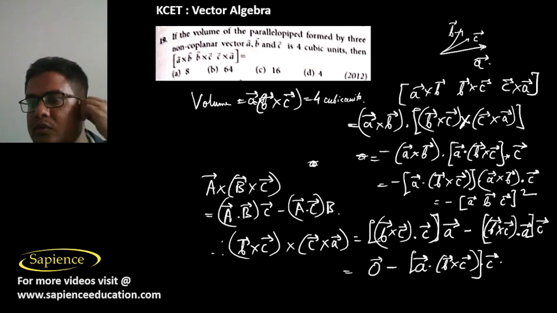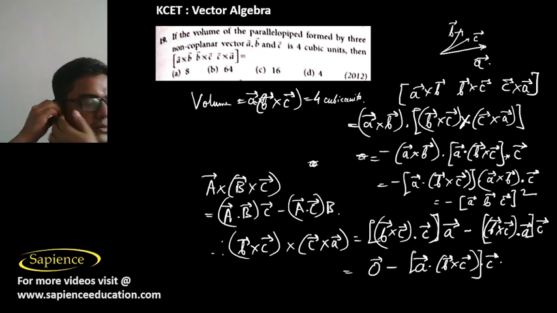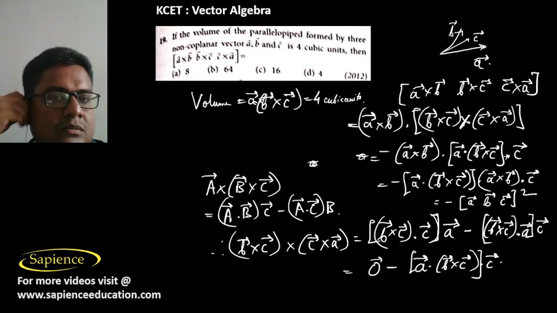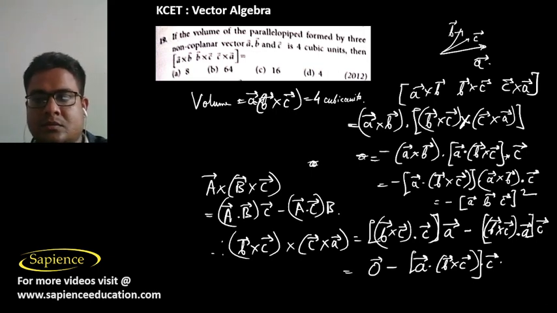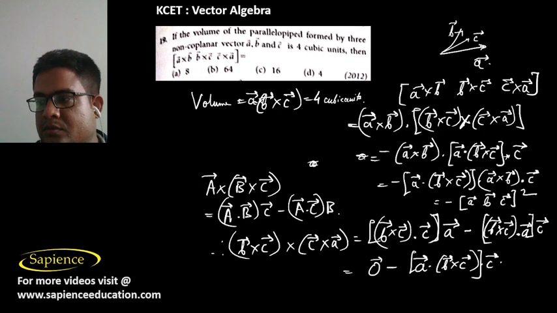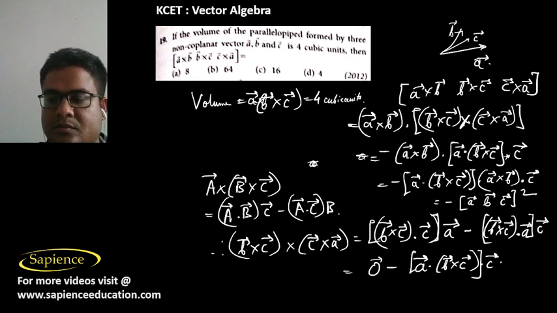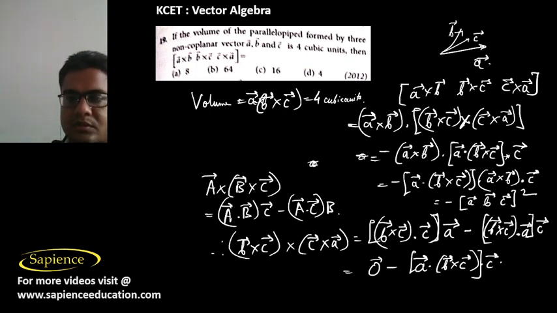So the volume is 4 cubic units, therefore the value of this one will be square of 4, that is 16. So option C is the correct answer.